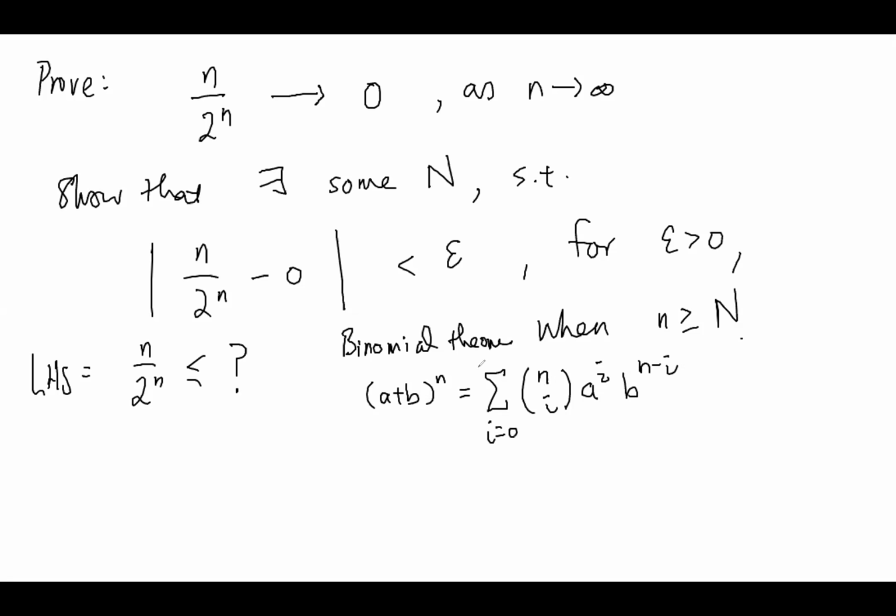Your i is running from 0 to n, right? And we know a basic result: if you substitute a equals b equals 1, your left-hand side will be 2 power of n, and your right-hand side will be the sum of the binomial coefficients, okay?